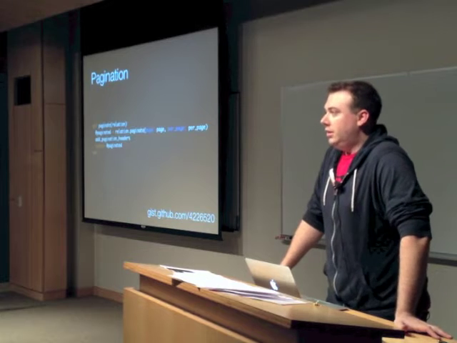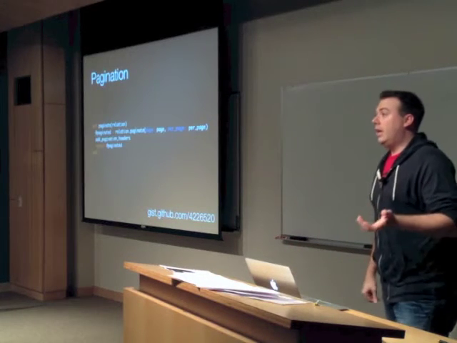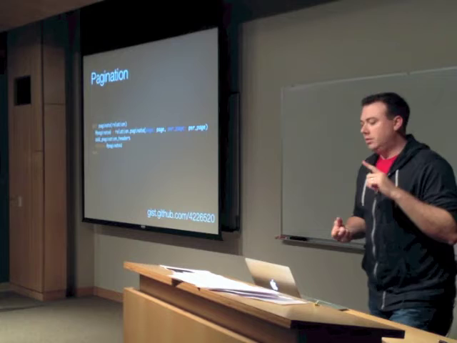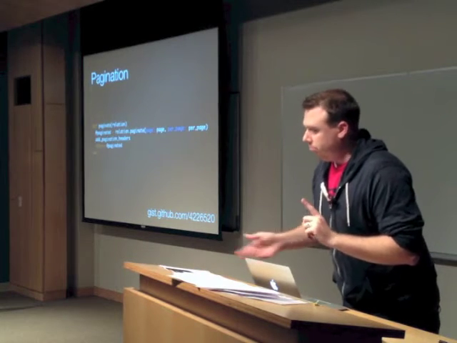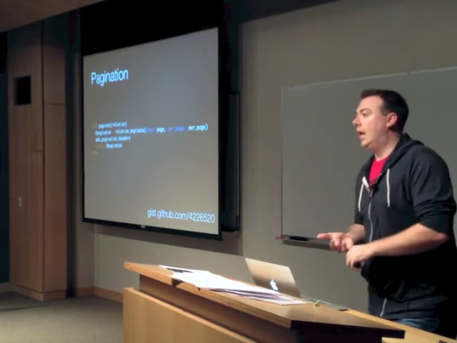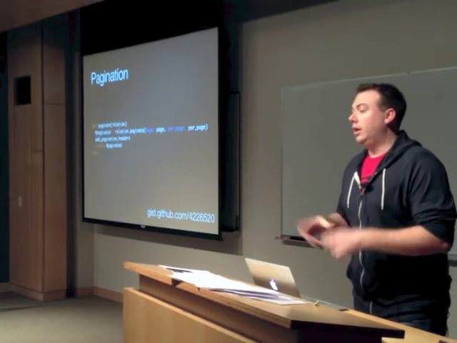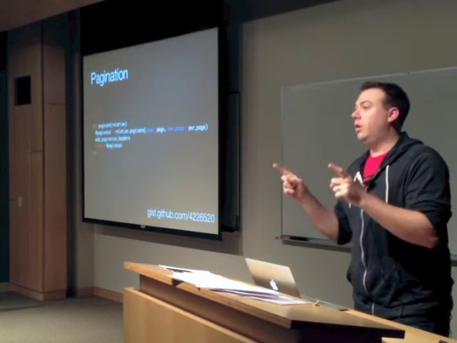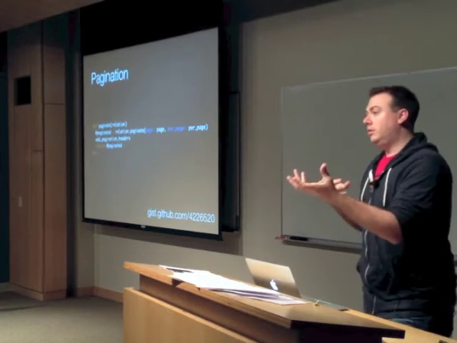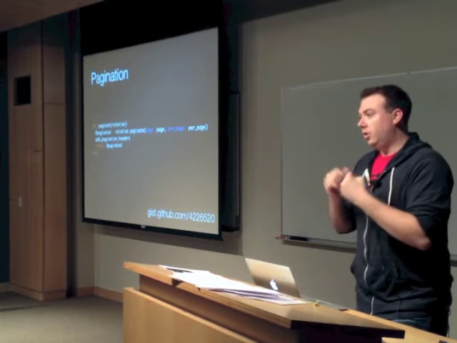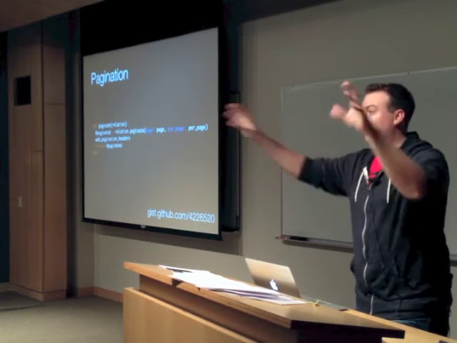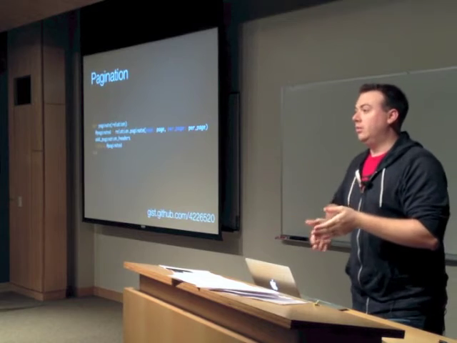But the idea is that it's just going to add a link header with the next, previous, first, and last pages. It actually sends full URLs so that whoever fetches this current collection knows, okay, now I can pull from any one of these and it'll be the next in the batch.